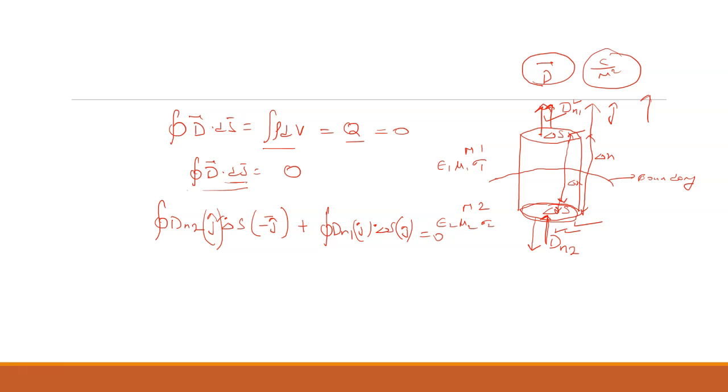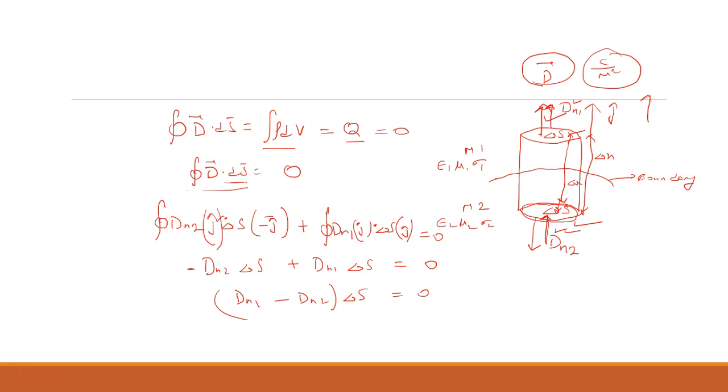It will become minus Dn2 delta s plus Dn1 delta s equals to 0. So it will become Dn1 minus Dn2 delta s equals to 0.